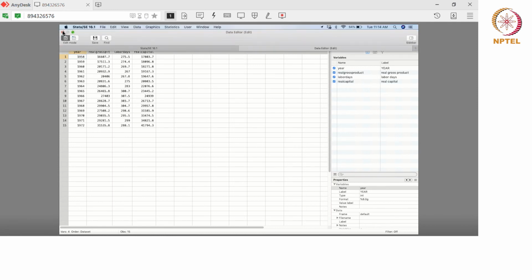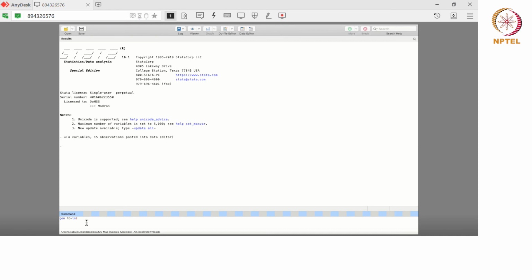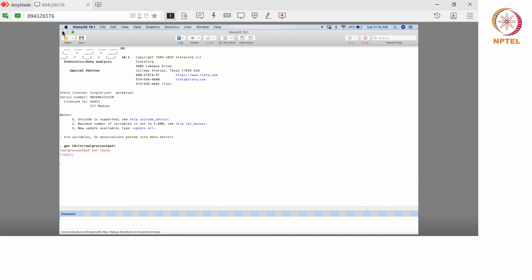So, I will show you how to convert one variable. Log of real gross output, then bracket close, and if you press enter, it does not work. That means I have made some mistake in the variable name. Let me see once again how I have defined the variable.